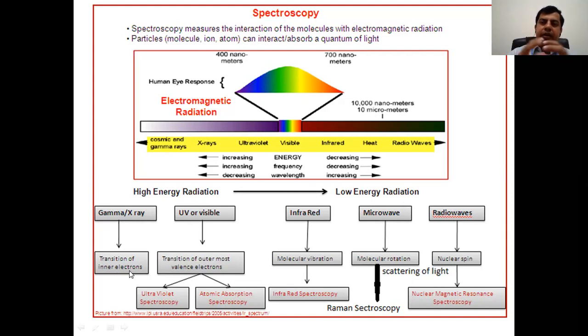That means if an electron comes out from the K shell, it creates a vacancy in the K shell. To fill this vacancy, an electron present in the L shell will move from the L to the K shell, and this excess of energy is released because the L shell electron has more energy compared to the K shell.